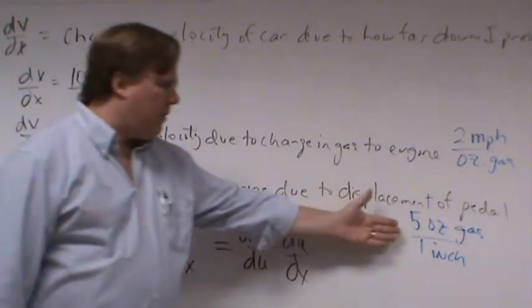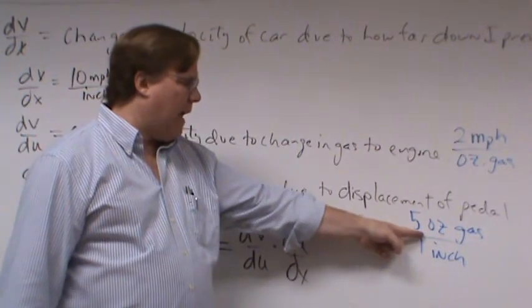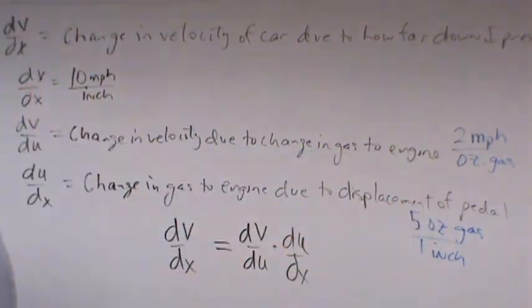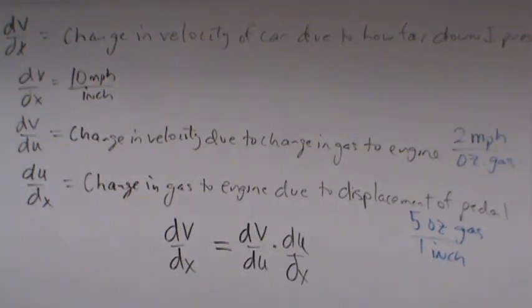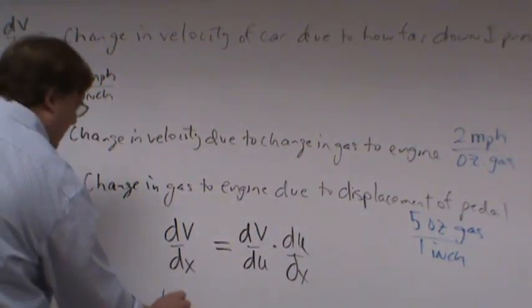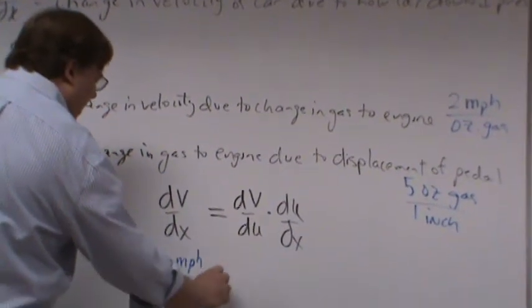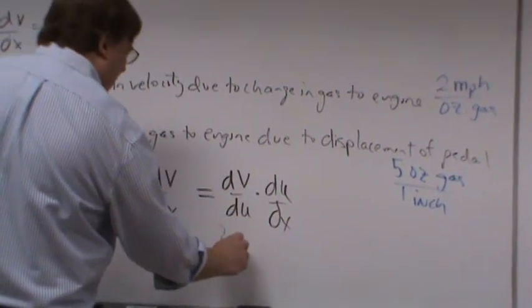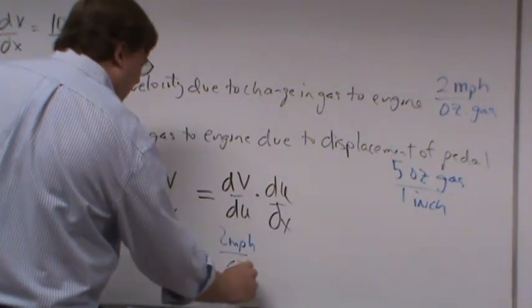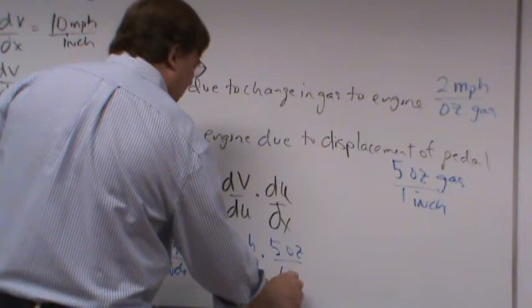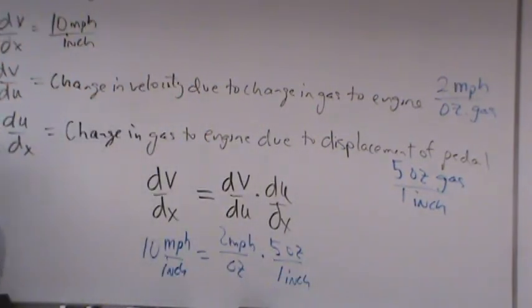Every inch I depress the pedal, I get 5 ounces of gas, and every ounce of gas gets me 2 miles an hour, so I'm going to get 10 miles an hour for every inch. That is, I can write it like this. I get 10 miles per hour per inch because I get 2 miles per hour for every ounce of gas, and I get 5 ounces of gas for every inch I depress the pedal.